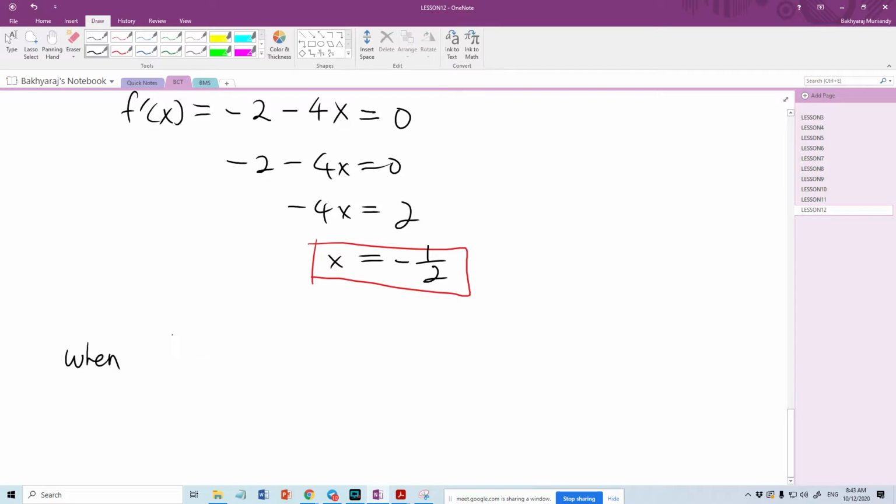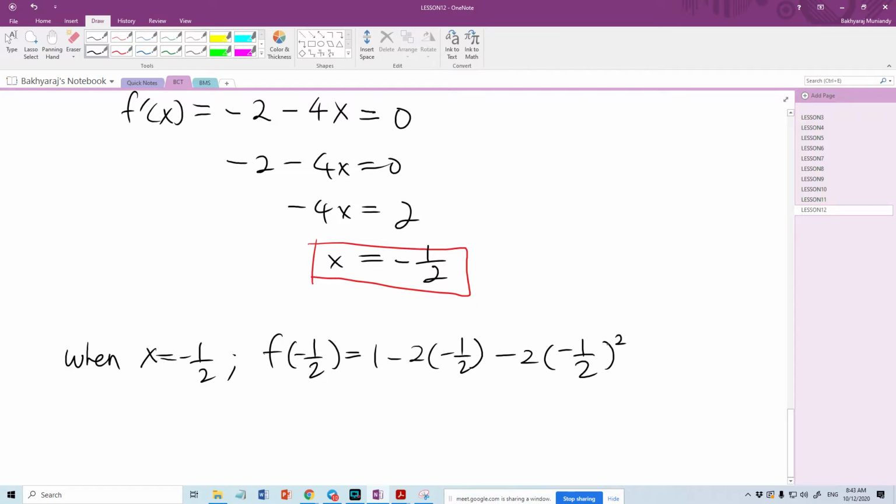Okay, so when x equals to negative 1 over 2, then you get function f(negative 1 over 2) will be equal 1 minus 2 times negative 1 over 2, minus 2 times negative 1 over 2 square.